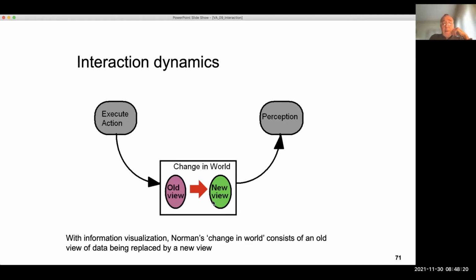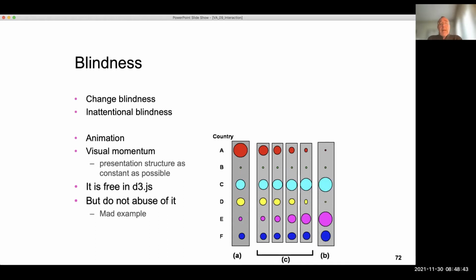This is the change in the world. The normal cycle of user interaction is about changing the world, but what you see in a visualization system is the change on the screen, where an old view is replaced by the new view.